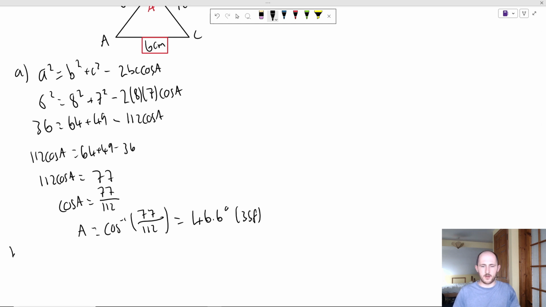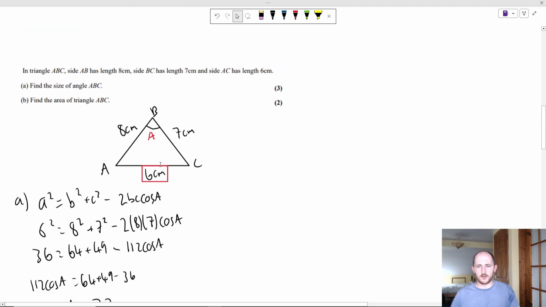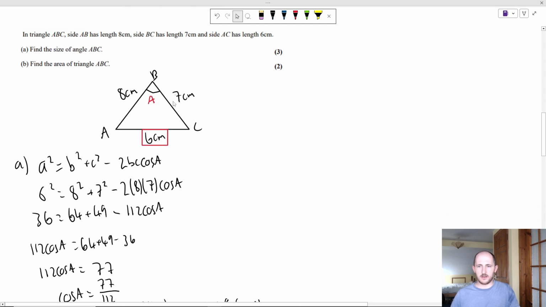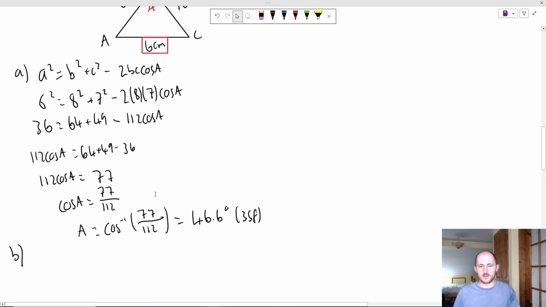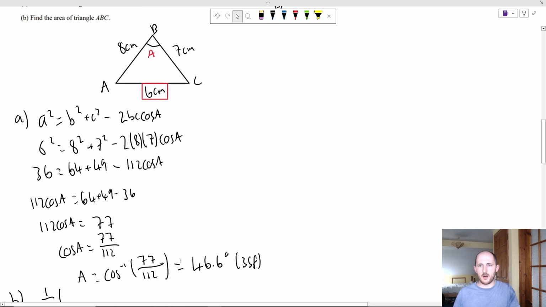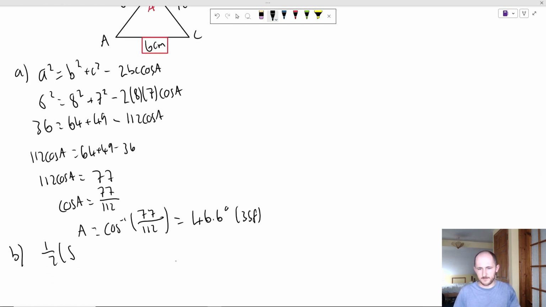Not too bad. And then for part B, if I remember rightly, it says calculate the area of the triangle. So we worked out this angle here, so we're going to use these two sides. So half AB, oops, spoilers, half AB, where A and B are 8 and 7 respectively, sine 46.6 degrees.